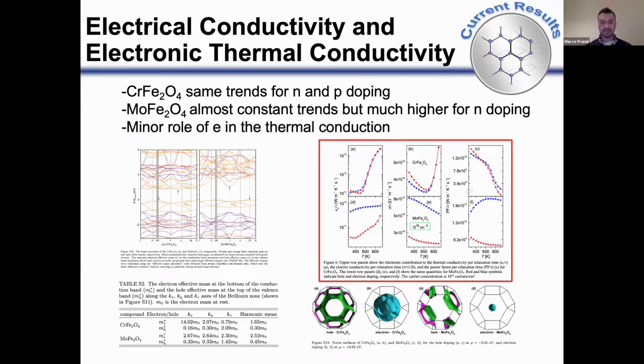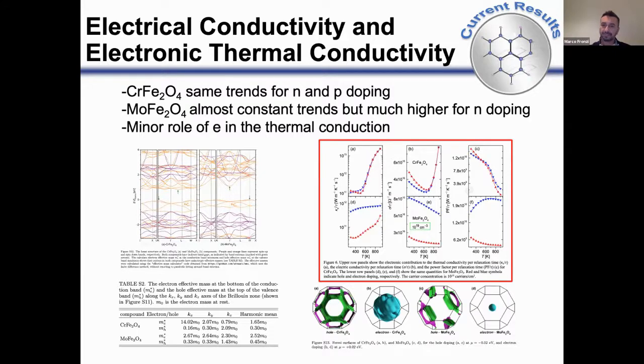This is in general. However, in the red panel we calculated 3 key properties: electrical conductivity, electronic contribution to the thermal conductivity, and power factor. We see 2 or 3 main things.